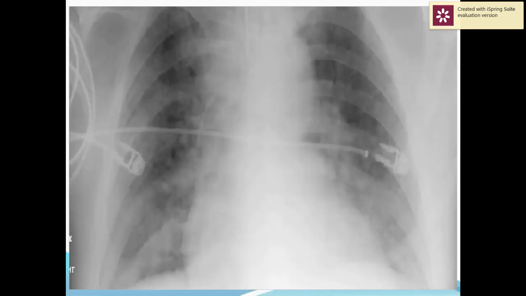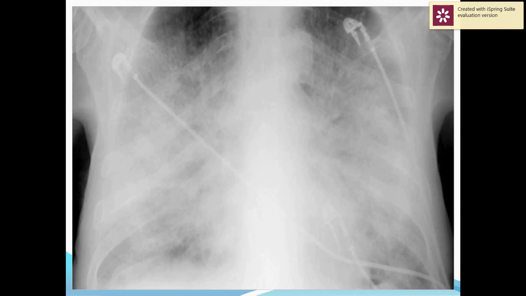This is a patient with pulmonary edema, cardiomegaly, bat-wing appearance, congestion, and cephalization of the pulmonary vessels, and Kerley B line. It is not obvious here.